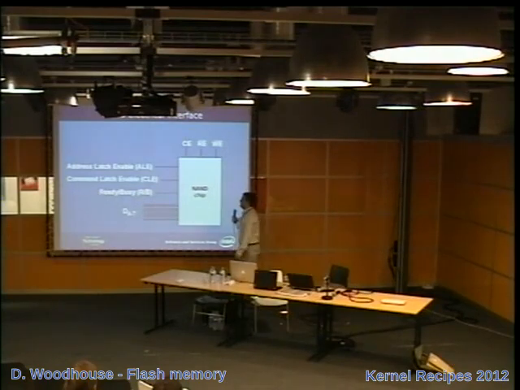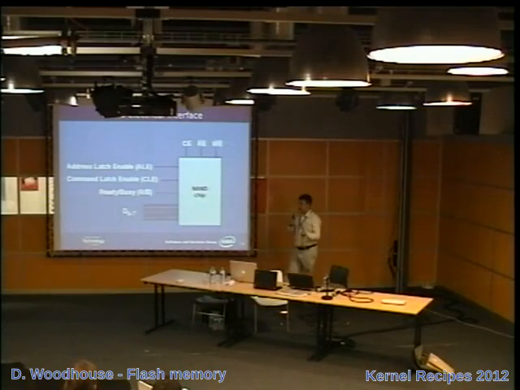So with a simple protocol for address latch enable and command latch enable, basically you put the relevant byte of the address, or the command, onto the data lines and toggle the appropriate line, and then it will go off and do its thing. If it needs to read, it will tell you when it's ready, and then you read the data out.